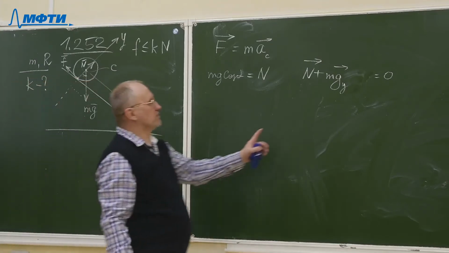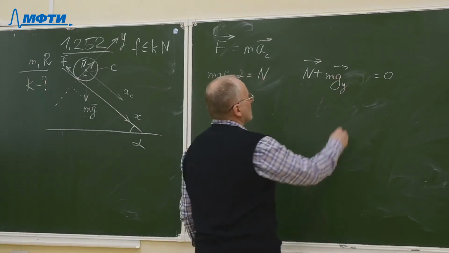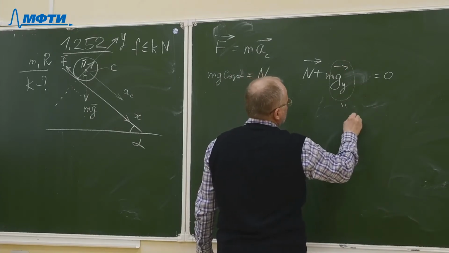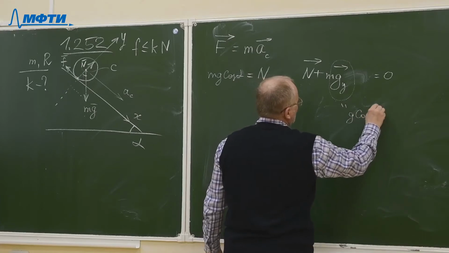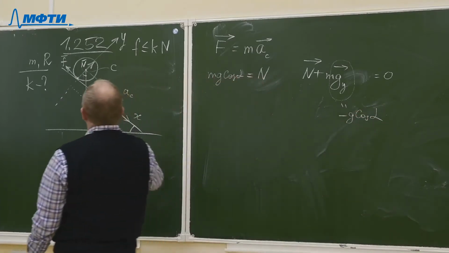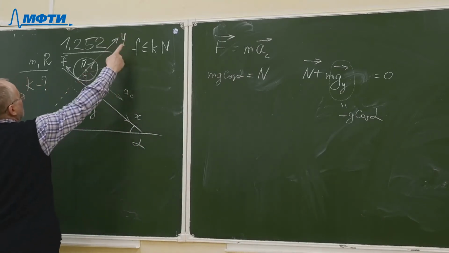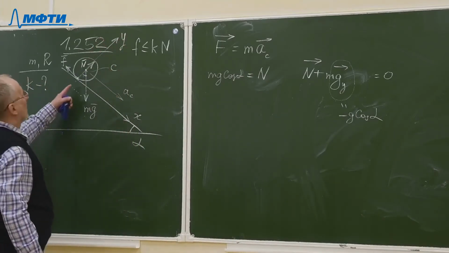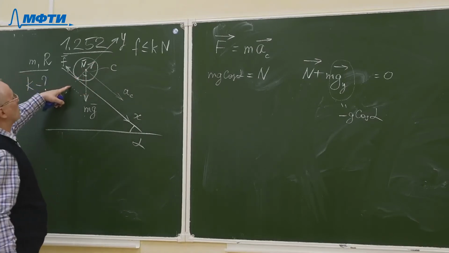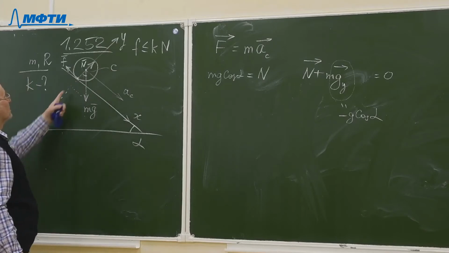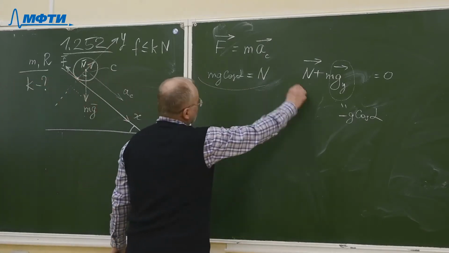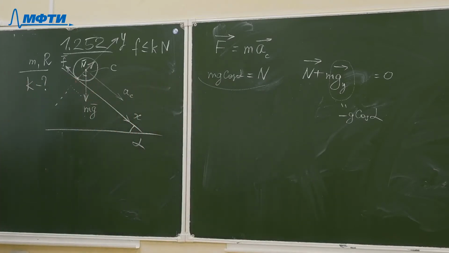So the component of the acceleration along the y-axis equals, in magnitude, g cosine alpha. So it equals minus g cosine alpha, because the positive direction of the y-axis is chosen to be upward. Then this component will be minus. If I choose another direction of the y-axis, then this component will be positive and N will be negative. And this equation will not change. Certainly, that will be correct.